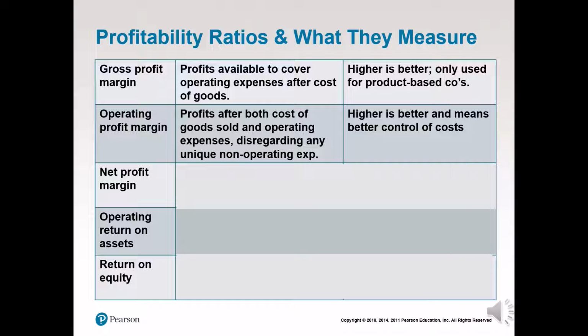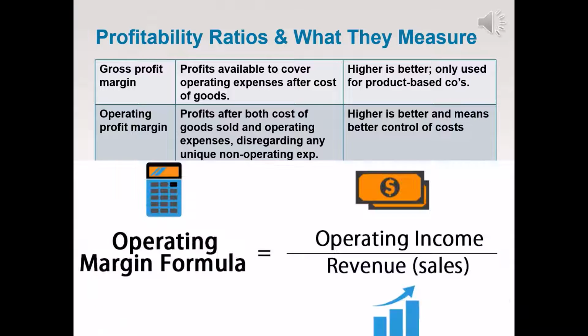So it disregards these amounts. Again, higher is better, but we need to compare our company to other competitors and others within the same industry. You calculate operating profit margin by taking your operating profit or your operating income and dividing it by your revenue.